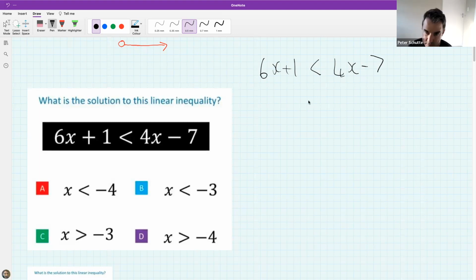My tip for you is to treat it a bit like an equation. And if you had an equation, you'd want to get this 4x to the other side, and you'd want to get this plus 1 to the other side. So see if that can help you. And then lock your answer in when you feel like you've got it.